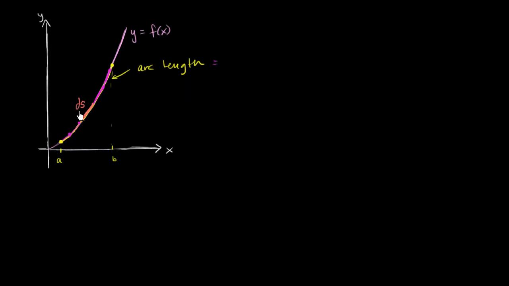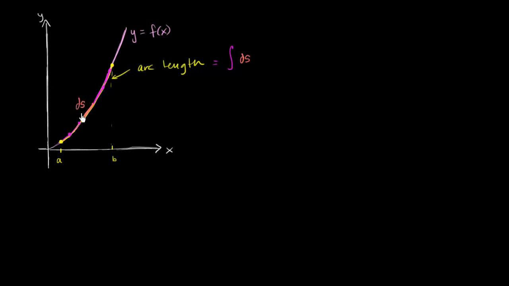The arc length is going to be the integral of all of these ds's summed together over this interval. So we can denote it like this. But this doesn't help me right now. This is in terms of this arc length differential. We know how to do things in terms of dx's and dy's. So let's see if we can re-express this in terms of dx's and dy's.